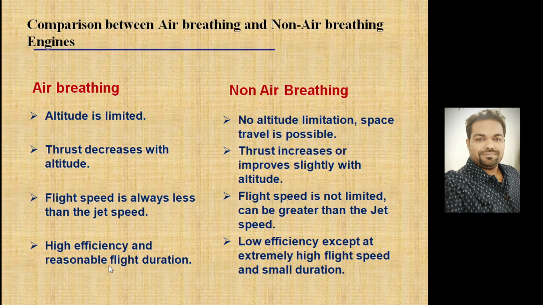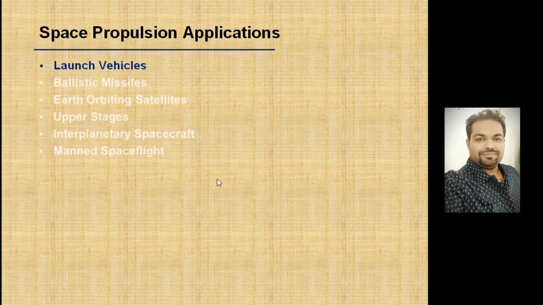That's why reasonable flight duration is possible with air breathing engines, but not here. So for a short period of time we use rockets, particularly for launching spacecraft into outer space. So these are broadly the differences between air breathing and non-air breathing engines.